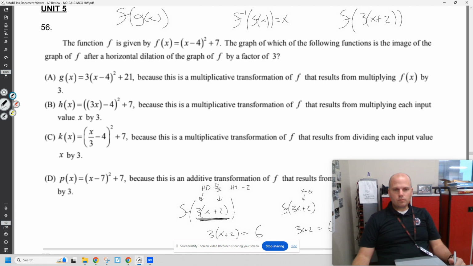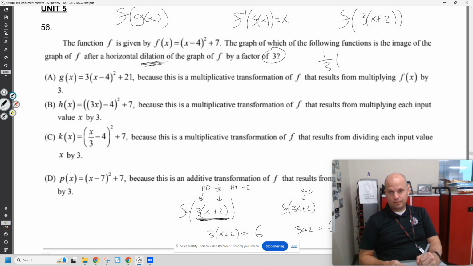So what do we notice is if we have a 3, we're horizontally dilating by a factor of 1/3. If we're going to horizontally dilate by a factor of 3, that means inside a function, I need a 1/3. And that's how I picked this one.